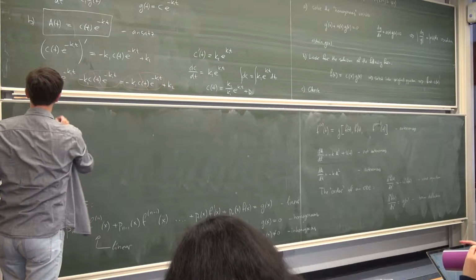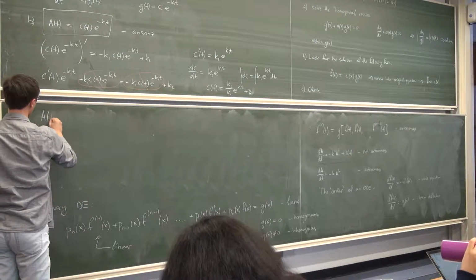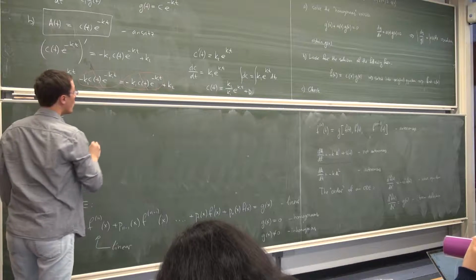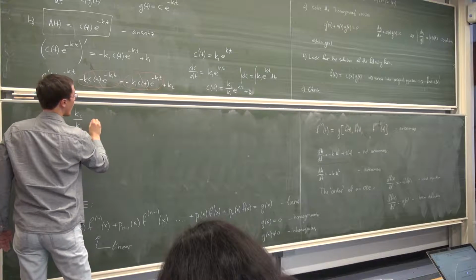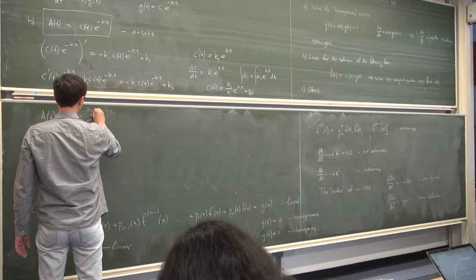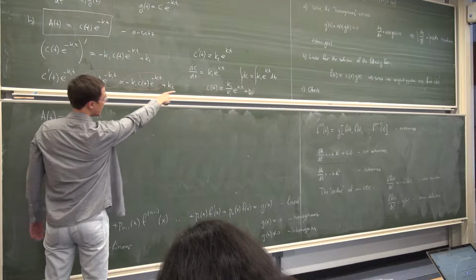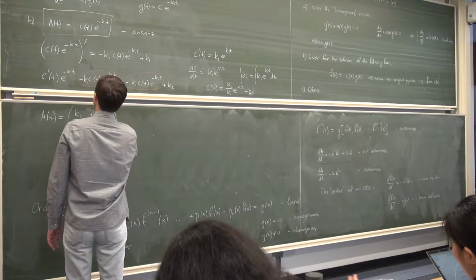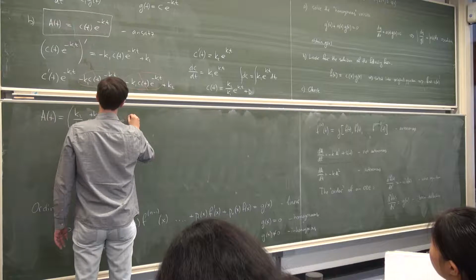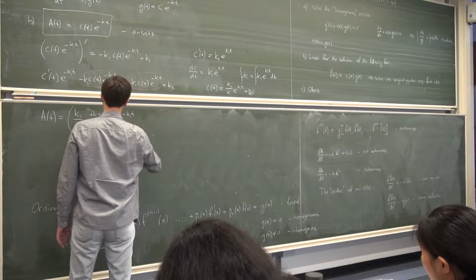That's our c, and so A of t is now going to be k2 over k1 e^(k1t), so that one is a plus, our indeterminate constant, times e^(minus k1t).